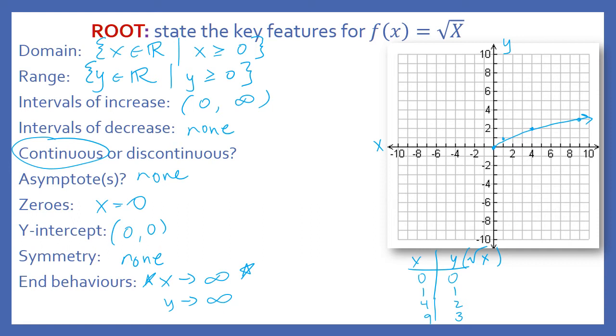Even though I don't actually get onto the negative side, we could say as x approaches negative infinity, which really we're just going to 0, it's kind of a gray area, so as I approach 0 from the left, y approaches 0.